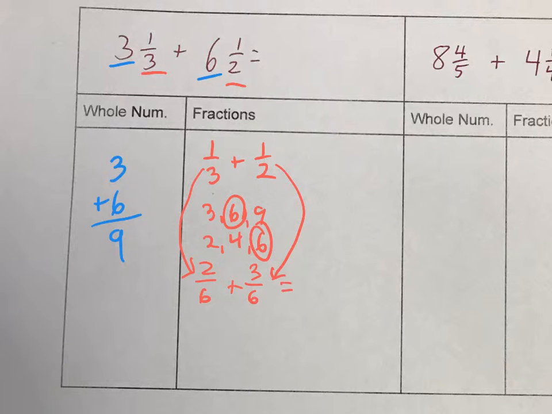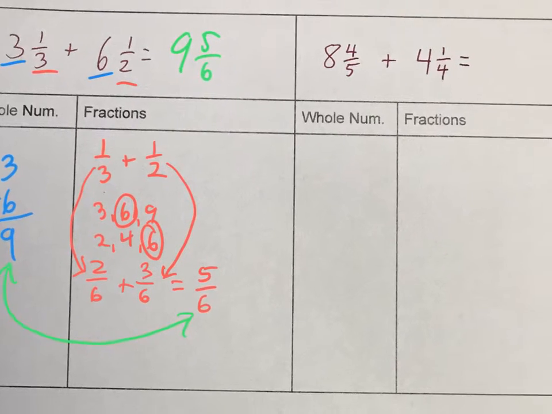So together we have 5/6. And now this step is easy. We don't have an improper fraction here. We have a proper fraction. We're ready to go. So I simply put these two together, and the answer is going to be 9 and 5/6.